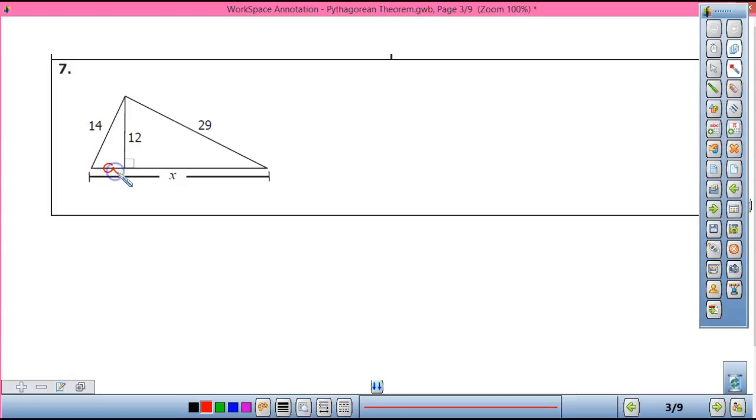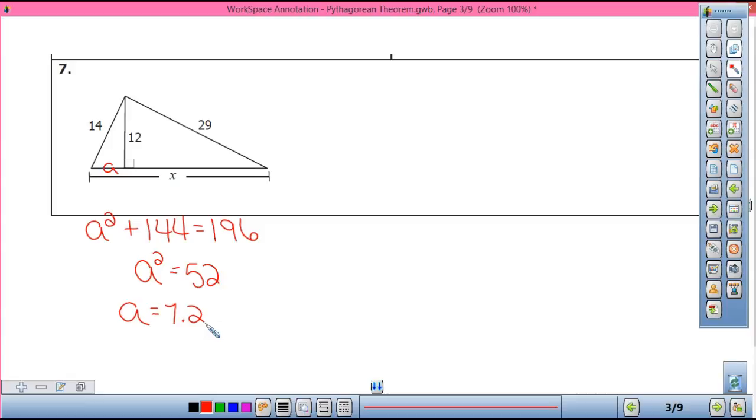So we can call this A. So how am I going to set that one up? 196. So A squared is 52. So A is 7.2? Alright. So I have that little guy right now.